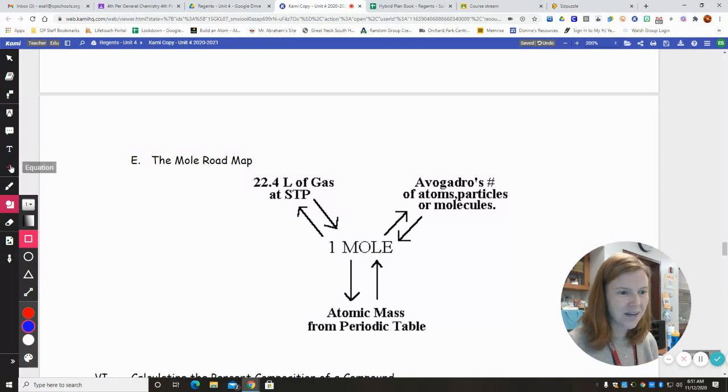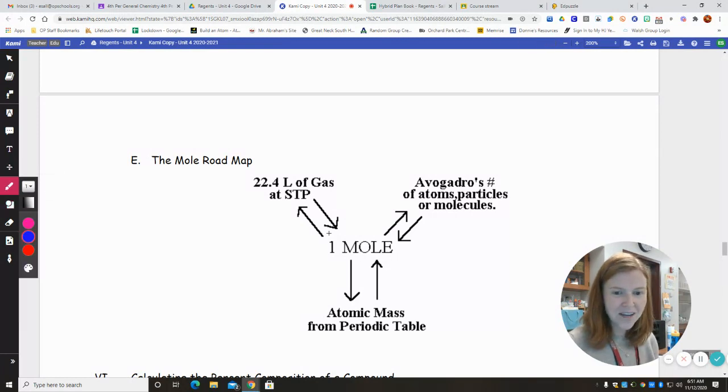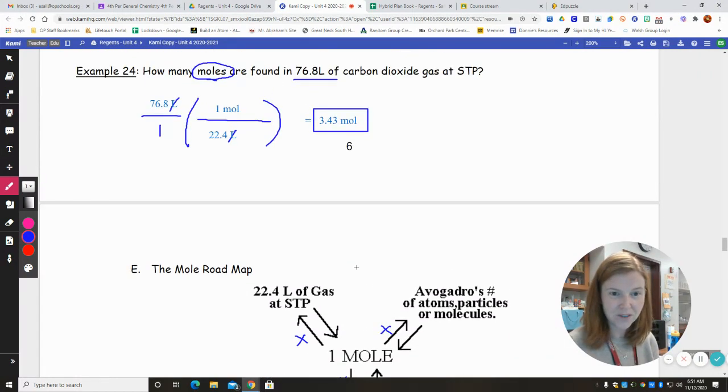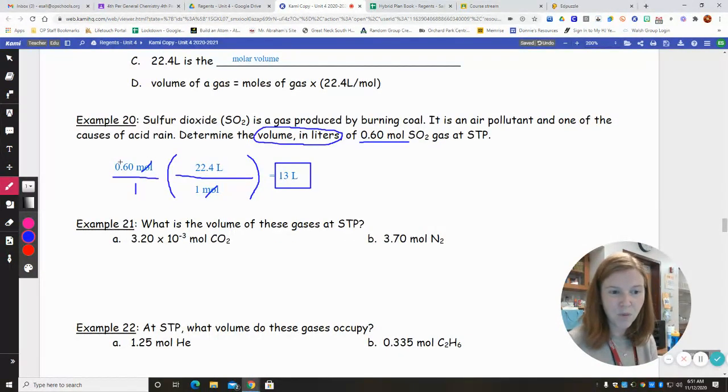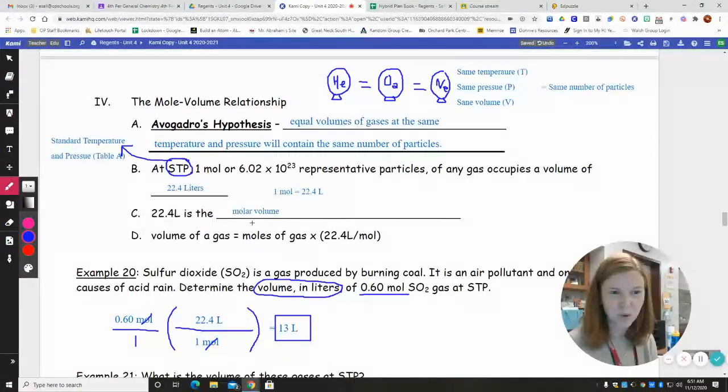And here's the thing to kind of keep in mind. Anytime you are starting with moles, you are going to be multiplying in order to get volume, mass, or number of particles. So if we just go back into some of the problems that we've done, if you're starting with moles, we multiplied by 22.4.